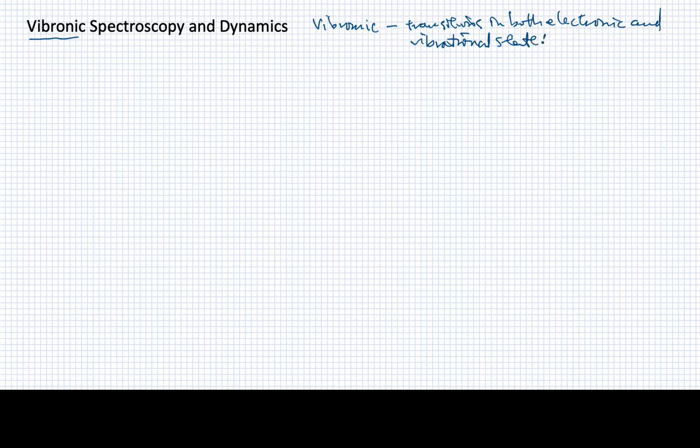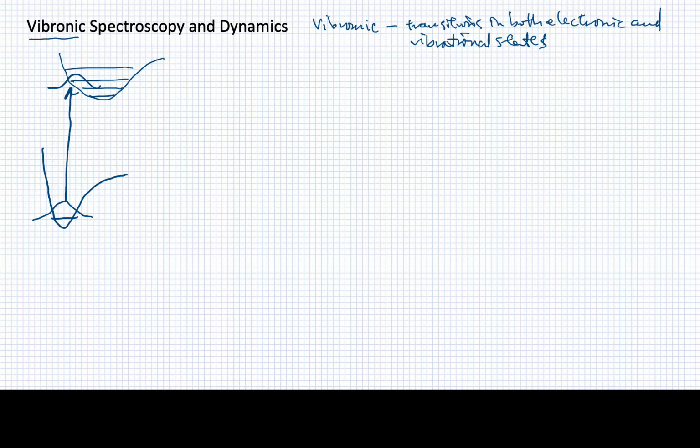Now we've seen a good example of this before in diatomics, and I'll remind you that when you have a diatomic molecule and it goes from one state to another state, and we start down here typically in the ground state of the lower oscillator, it makes a transition up here, and we can actually see a progression of vibrational lines that correspond to the locations of the energy eigenstates on the upper potential surface.